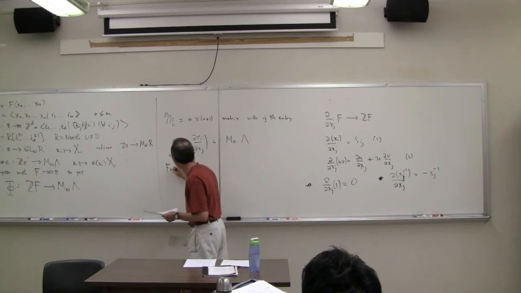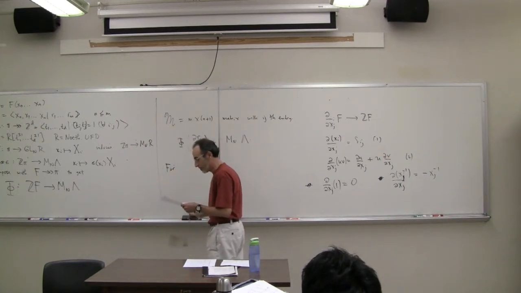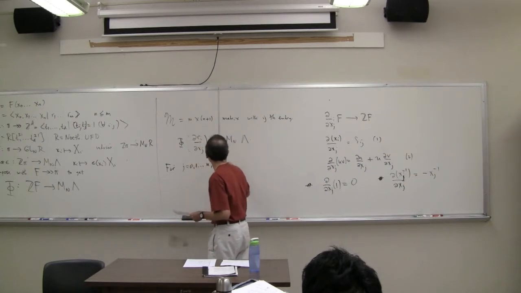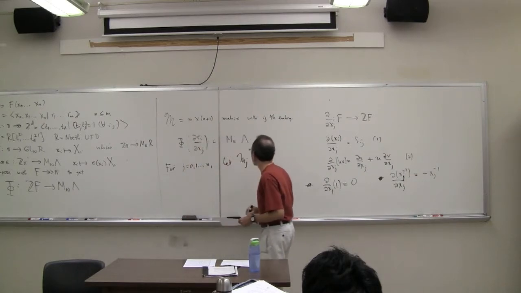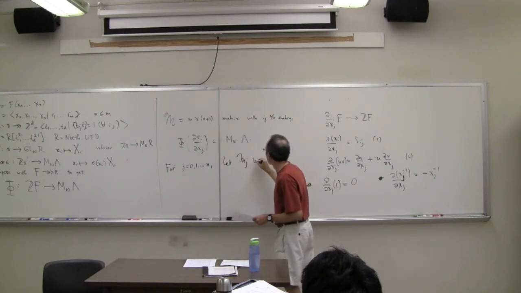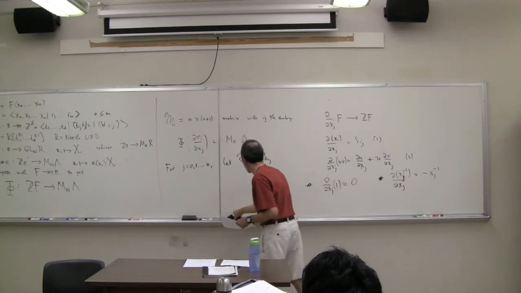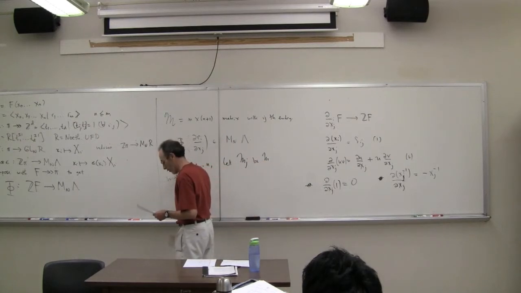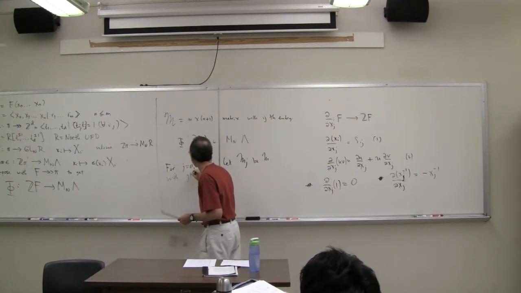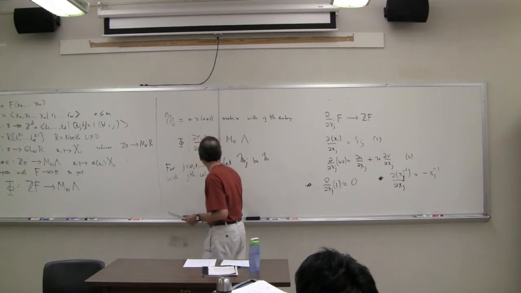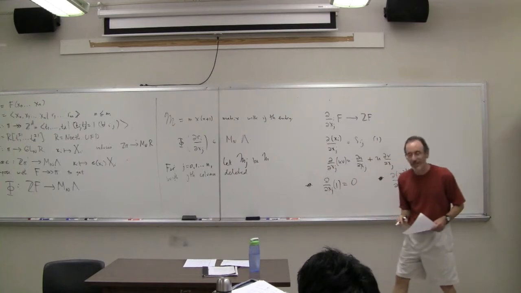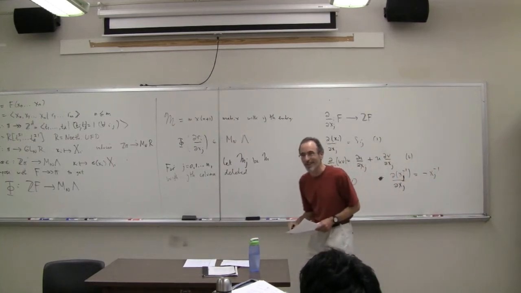For any j equals 0, 1 up to n, let script Mj be M with the jth column deleted. A column of matrices. Yes, this is a matrix of matrices right now. That's right.